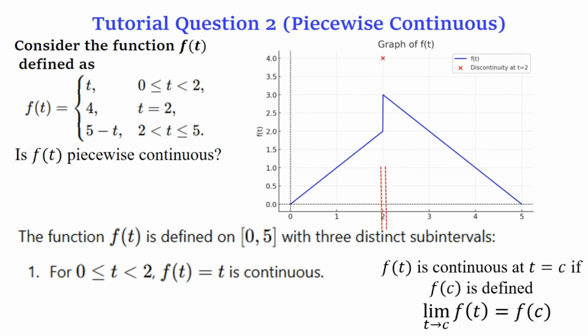Another thing is that this function is divided into 3 subintervals: the first interval between 0 and 2, the second at 2, and the third between 2 and 5. What happens in each is distinct. Between 0 and 2, the function f of t, which is equal to t, is continuous.